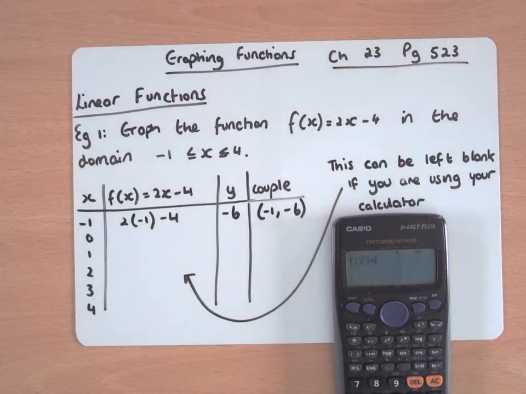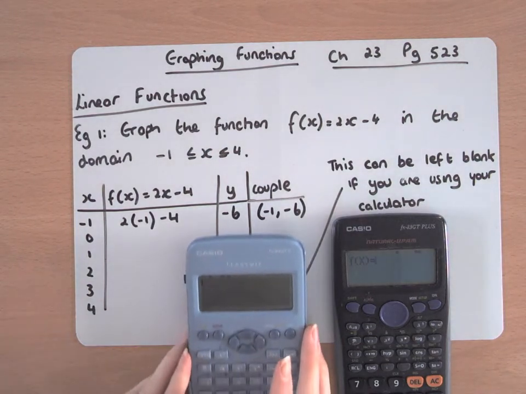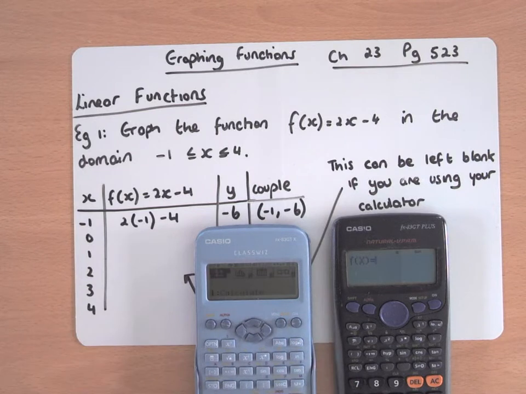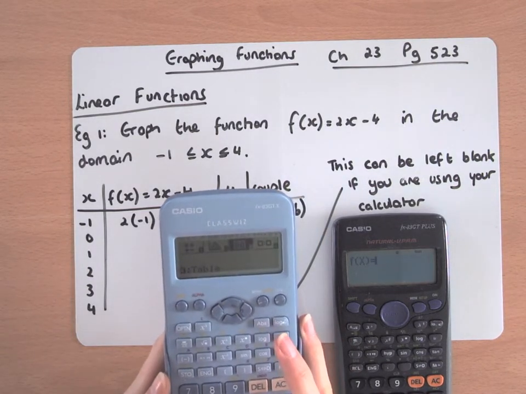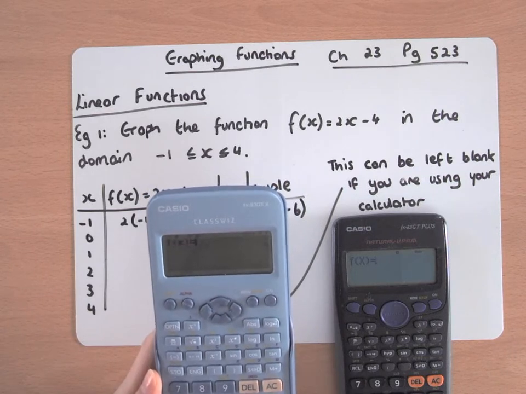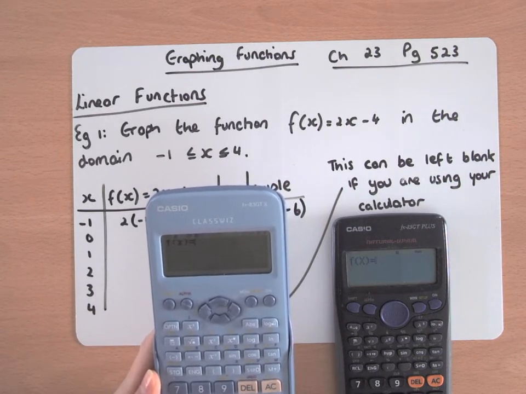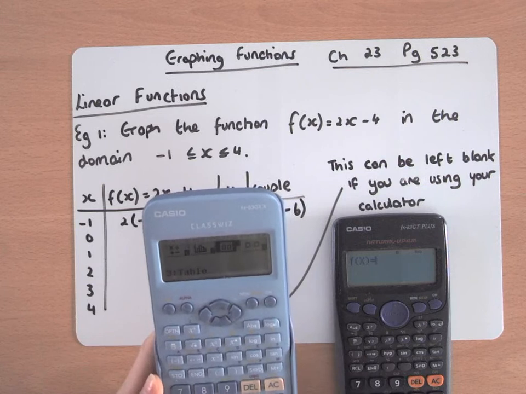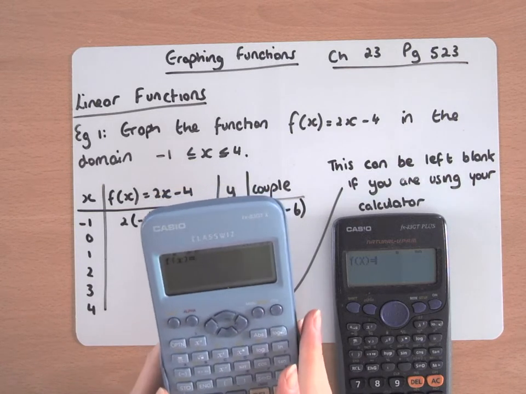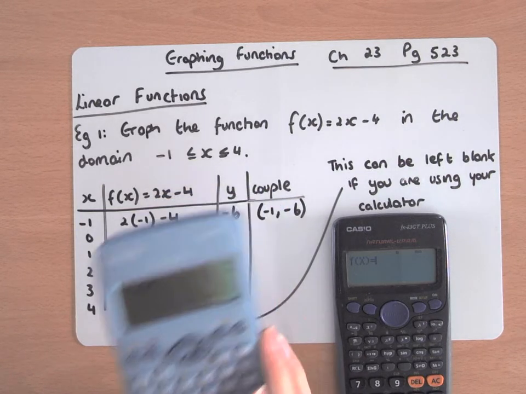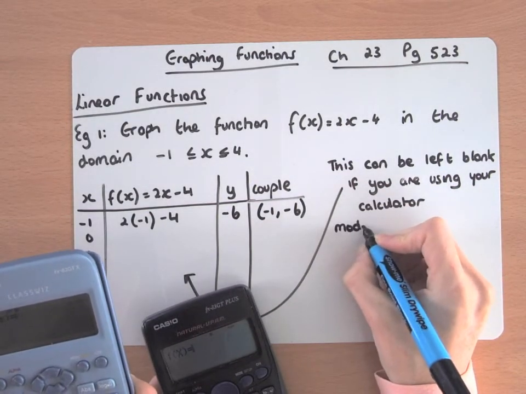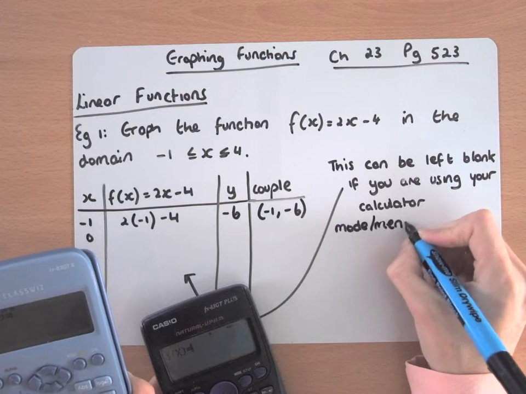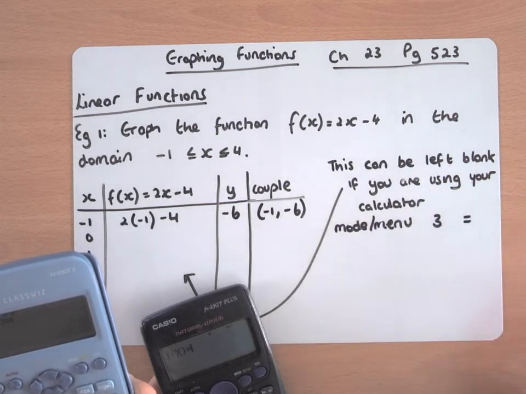If you have this one, you're going to be pressing menu, and you're going to go over to table. Equals. Okay, so menu and 3 or mode and 3. Is that okay? So let's write that down. Mode or menu 3 and equals.